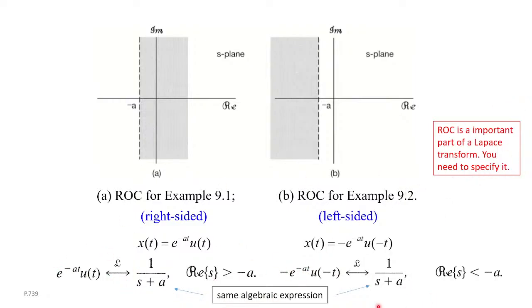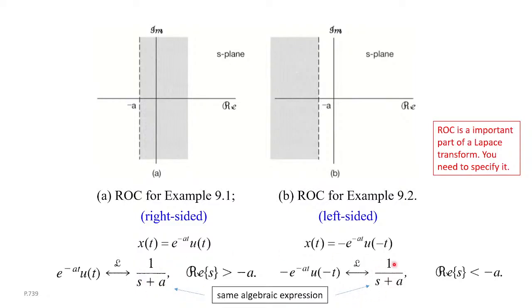The important concept here is that when you do Laplace transform, just writing this 1 over s plus a formula here is not enough. This region of convergence, so on which part of the s-plane this thing is convergent, also gives you a lot of information about what your original function is.